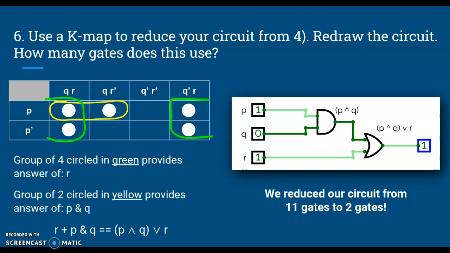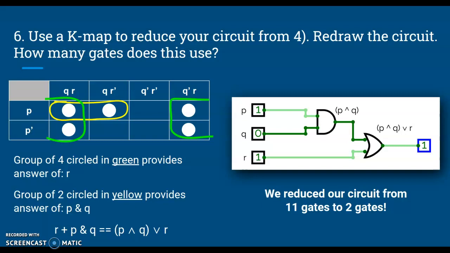So we know that R alone can remain in our final simplified design, as R alone could turn the dehumidifier on. And so we're left with a final simplified statement of P and Q, or R, which would reduce our circuit graph from 11 gates to 2, which is pretty great.